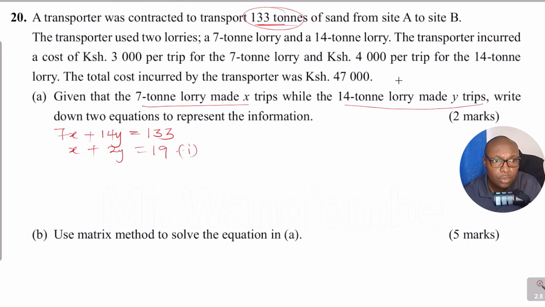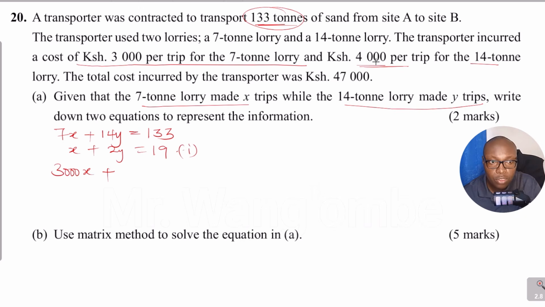Now the second equation will come from this statement. The transporter incurred a cost of 3,000 per trip for the 7-ton lorry, and the 7-ton lorry made X trips. So for X trips it will incur 3,000 multiplied by X. Then for the 14-ton lorry, it incurred 4,000 shillings per trip and it made Y trips.